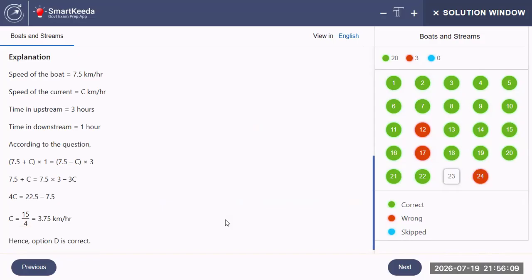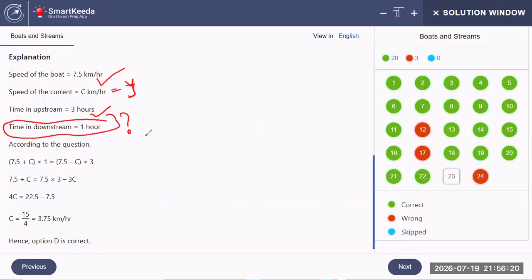ये बराबर है. ओके मैंने y अज्यूम किया है, मैंने x अज्यूम किया है और ये भी बराबर है, तो ये डाउनस्ट्रीम स्पीड 100% है अकॉर्डिंग टू द क्वेश्चन.